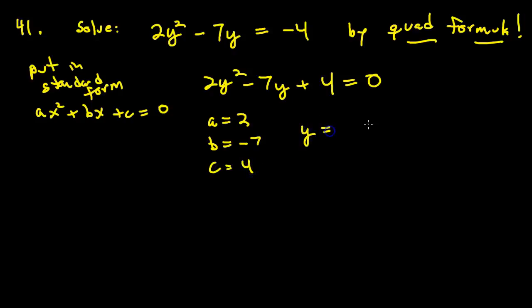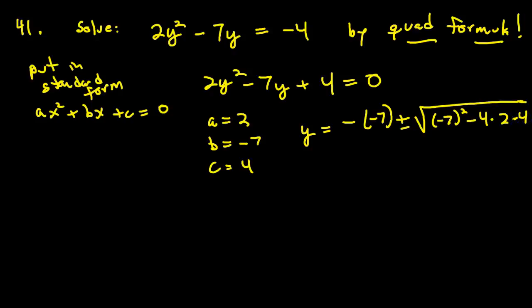So I get y equals minus b plus or minus the square root of b squared minus 4 times a times c, all divided by 2 times a.